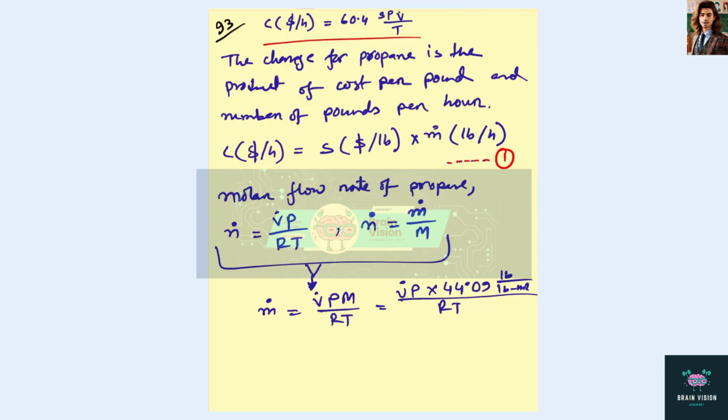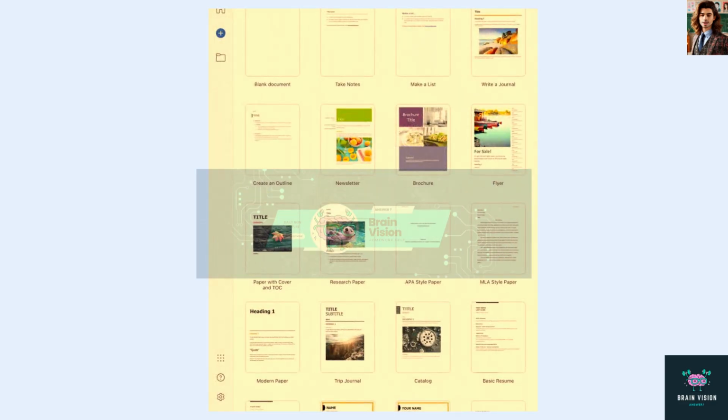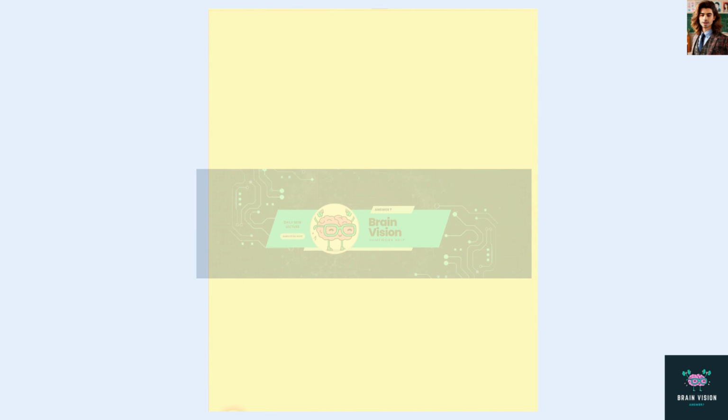Now let's insert this equation in the first equation. Therefore, we can write, divided by RT.